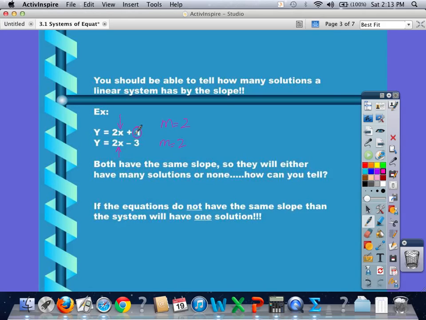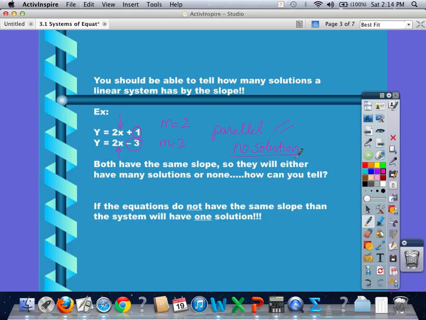This one crosses at 1. This one crosses at negative 3. So that means they are not the same line, so these are parallel. Parallel means that they will have no solution. They will never meet. So parallel lines have no solutions.